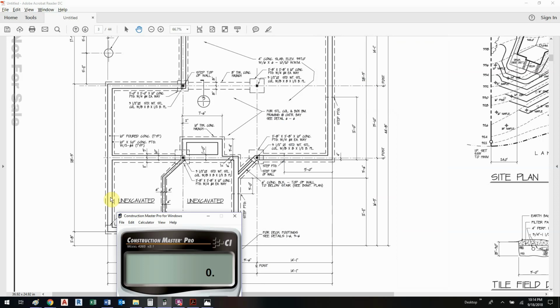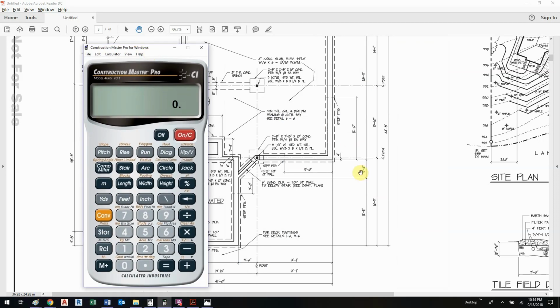It says that it's 3 foot 6 inches rise, because that's rising. What is this measurement here? If we go down here, it's another 3 foot 6 inch run because it's on the horizontal, and we're going to find our diagonal.